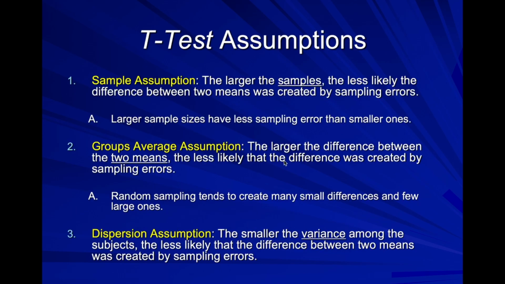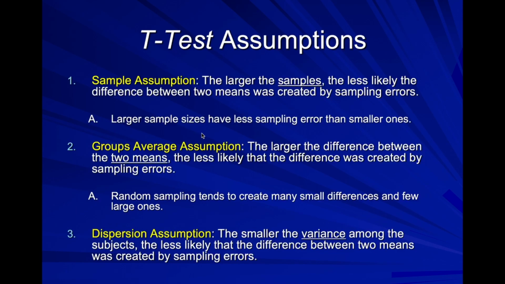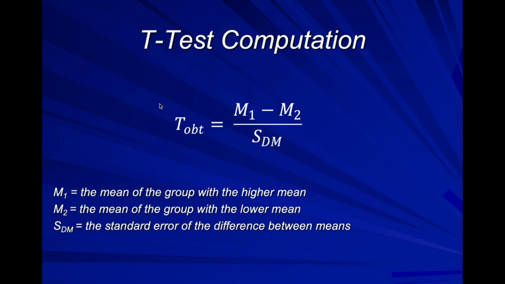Let me actually go back. I want to show you one other thing related to this. So here you have a basic fraction, I guess you could say. When you subtract M1 and M2, you're going to get a number, and then here at the bottom, you're going to have also a number.